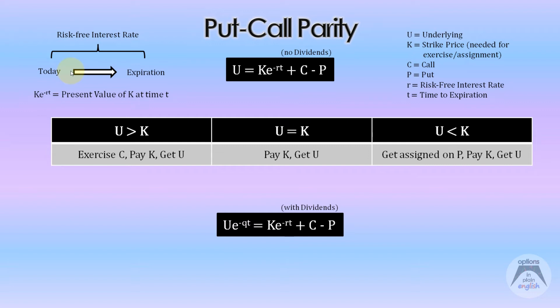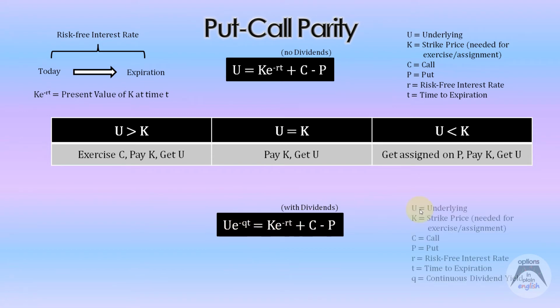Okay, so if you know that there's a dividend stream coming up, and that dividend stream can be made up of 1 or 2 or 3 or however many dividend payments, then you know that the value of the stock price at expiration needs to be adjusted by the dividends that are going to be coming up, because they're known dividends.